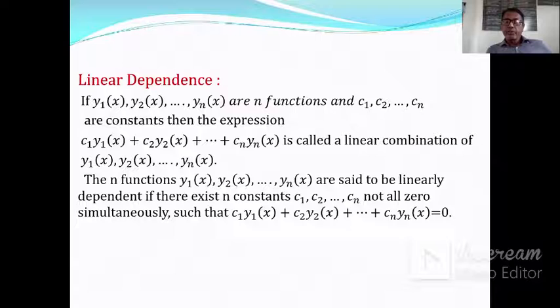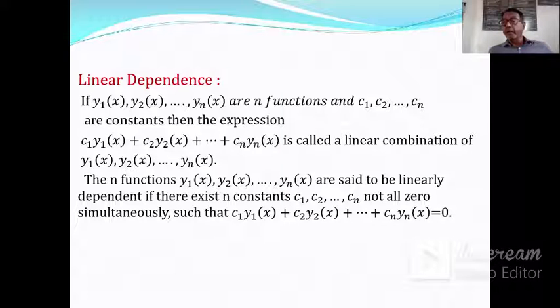Now the n functions y1 of x, y2 of x, ..., yn of x are said to be linearly dependent, see here properly, if there exist n constants c1, c2, ..., cn, not all zero simultaneously. This means at least one constant out of c1, c2, ..., cn is not zero.